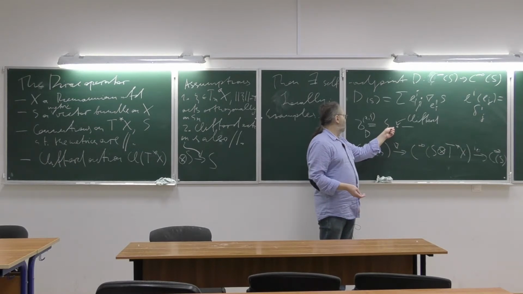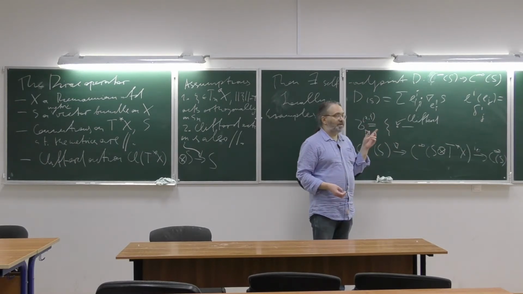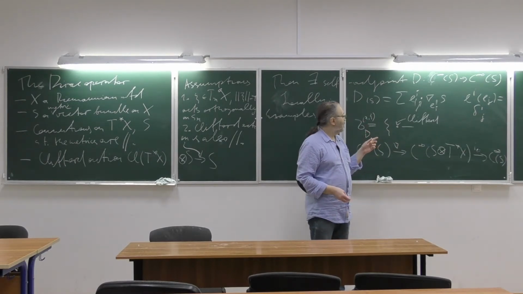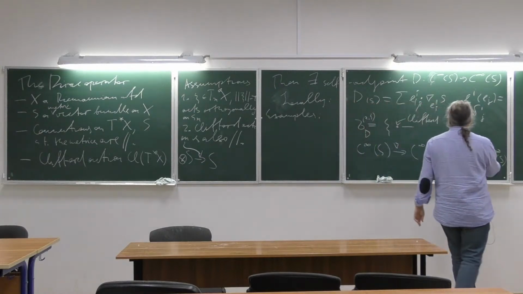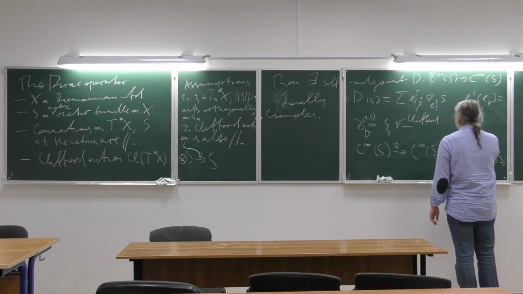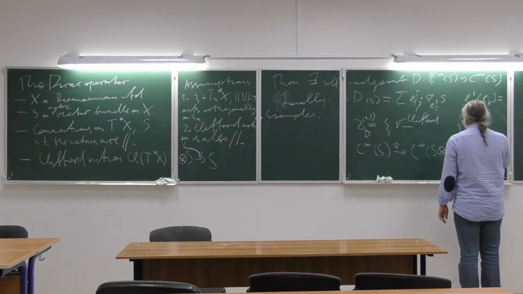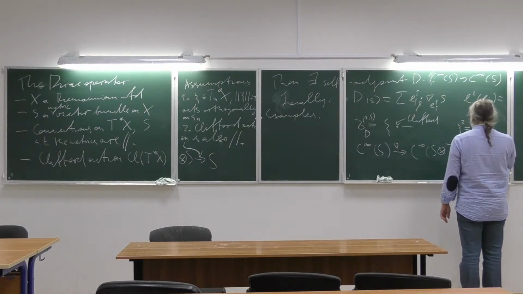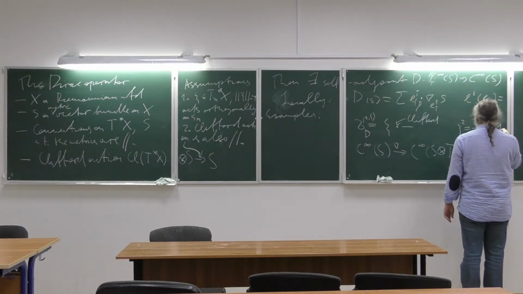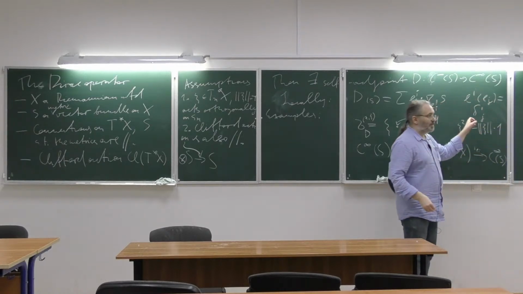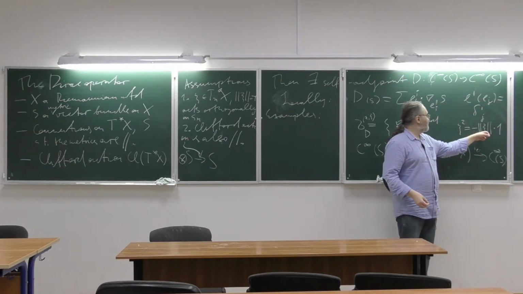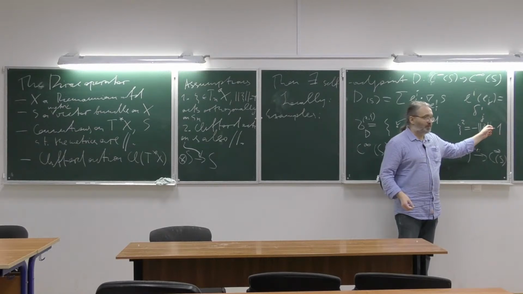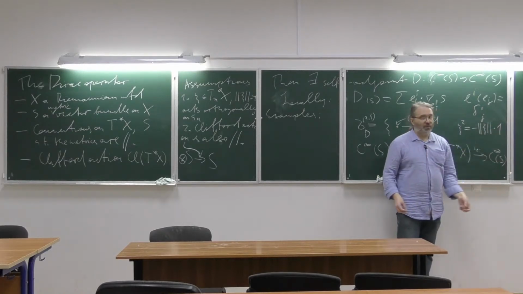Then I get multiplication by psi squared. But psi squared is simply minus the modulus of psi squared times 1.